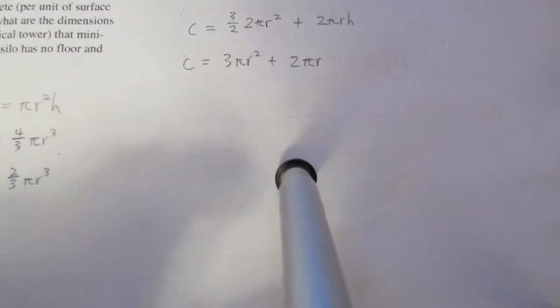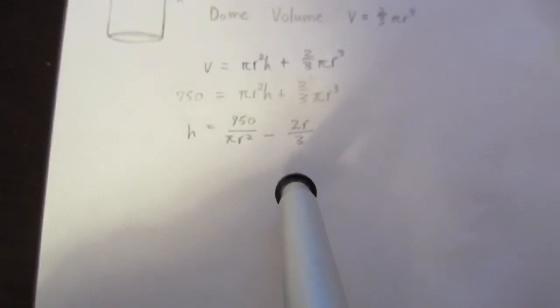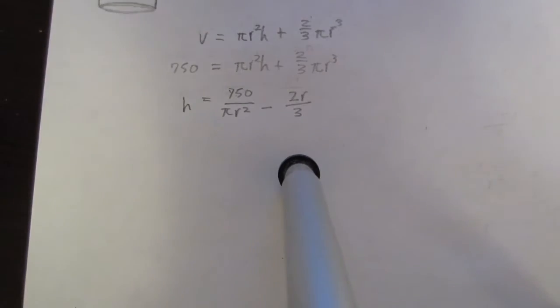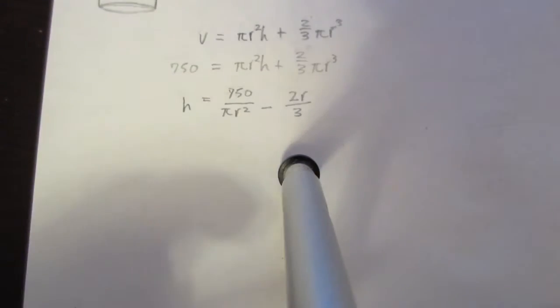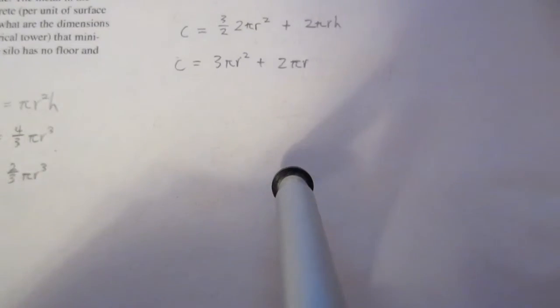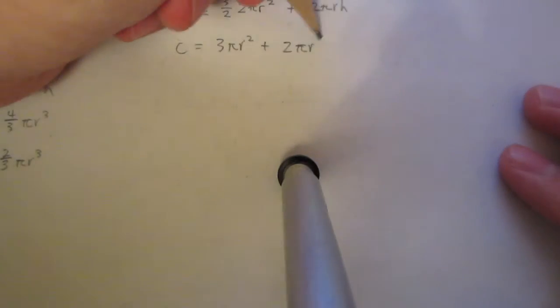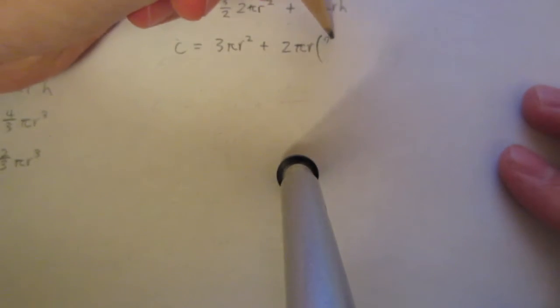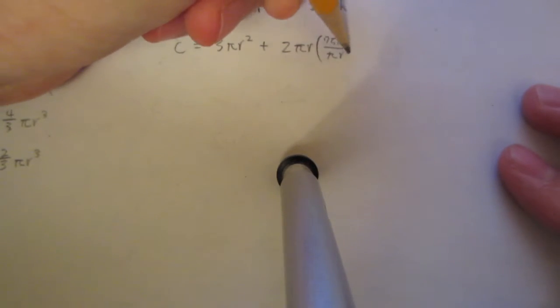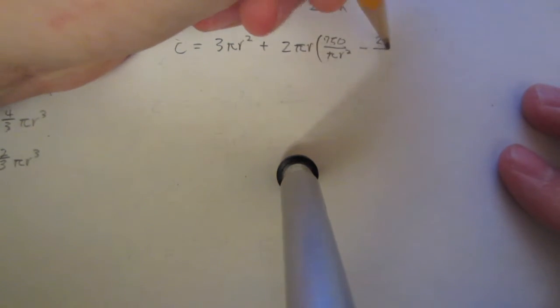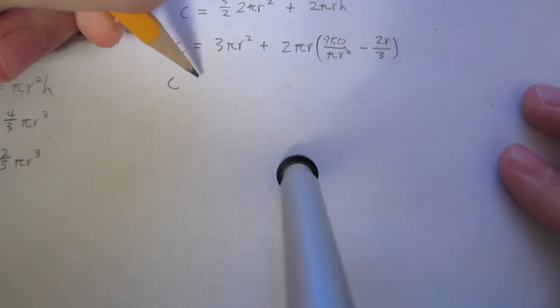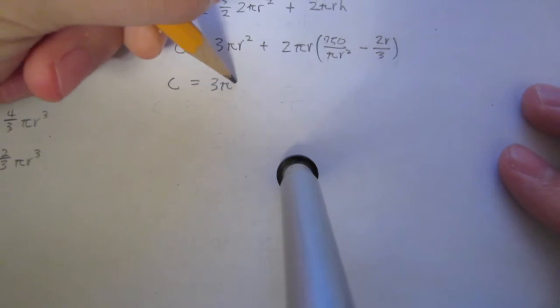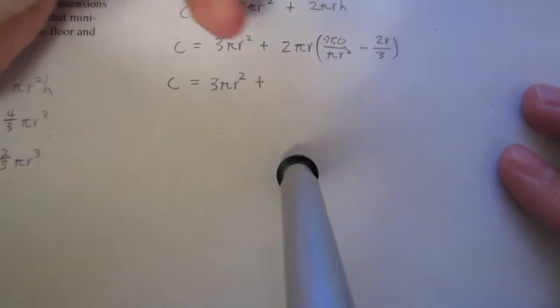And since we already have the equation of the height of the silo, we can substitute H for that. Just simplifying here.